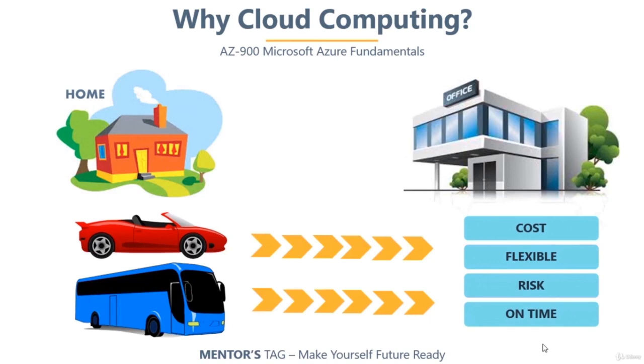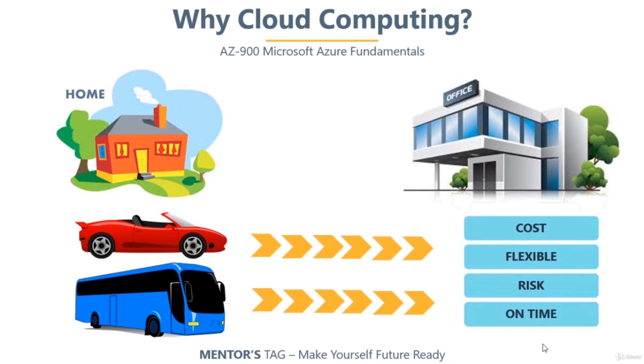You have to pay only that amount of money which you are using right now. So if you're traveling from one destination to another, you just have to pay for that. Now the story gives me the advantage that if I focus on cost, flexibility, risk and on-time availability, somehow in all four, cloud is winning compared to an on-premise server.